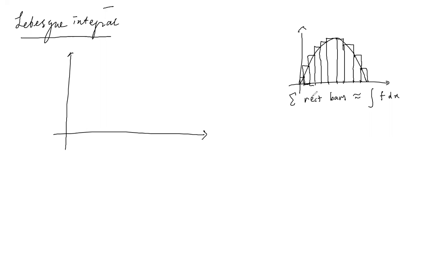You make the interval very fine, reducing the interval so your bars are finer, and you take the limit as the number of bars grows, which will be equal to the integral. This is the part that you are familiar with.